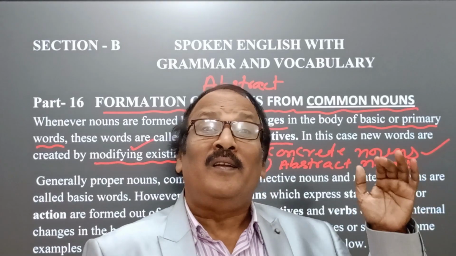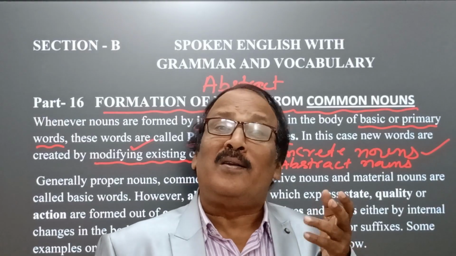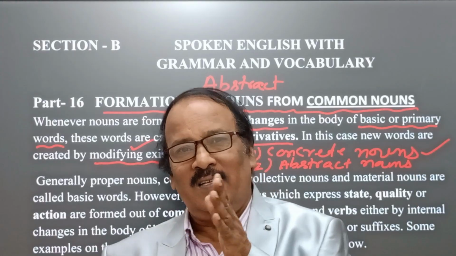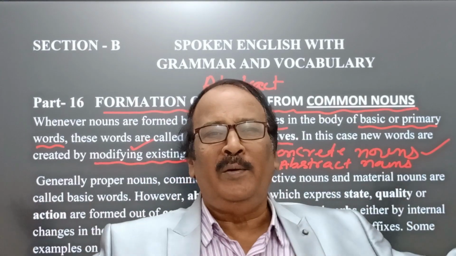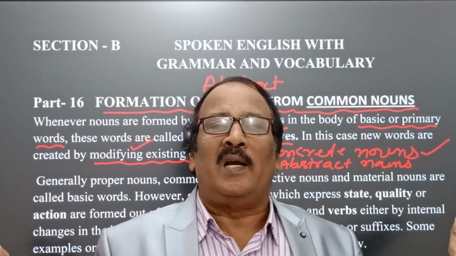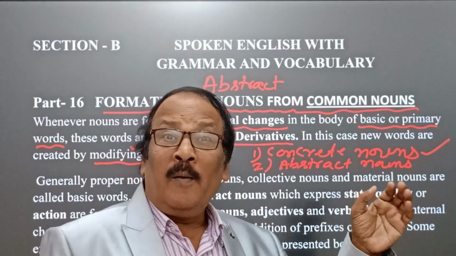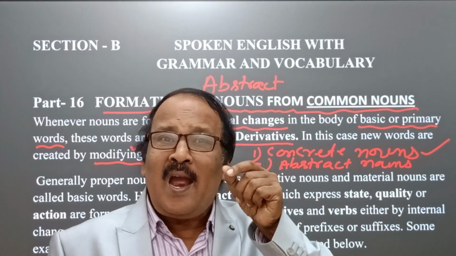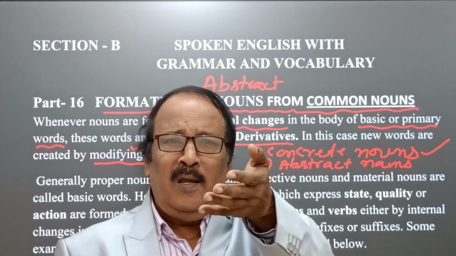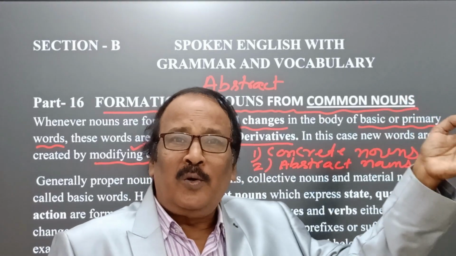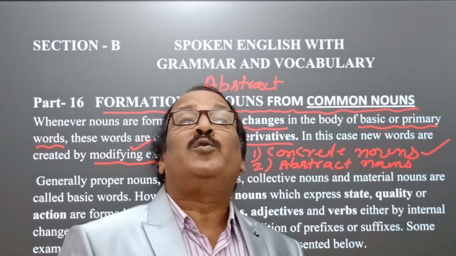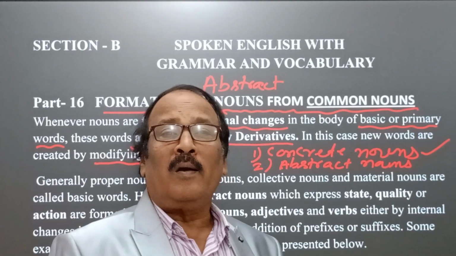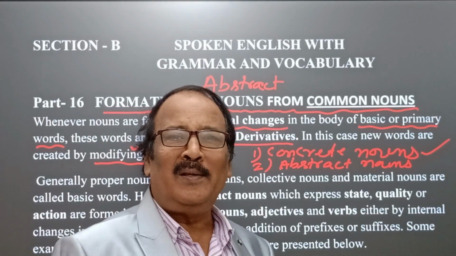These nouns are understood or realized not by our 5 sense organs. This is really the very interesting difference between concrete nouns and abstract nouns. For example, man, family, sugar, sand, water, ghee, honey, team, class, Mahanadi, student, all these are concrete nouns, because we can feel them and understand them with the help of our sense organs.